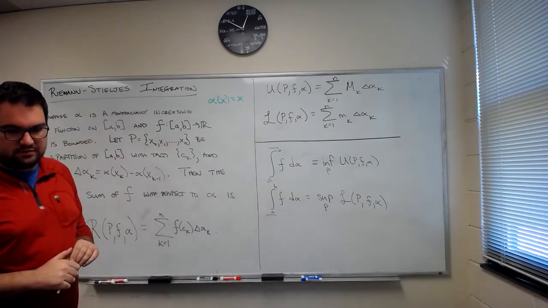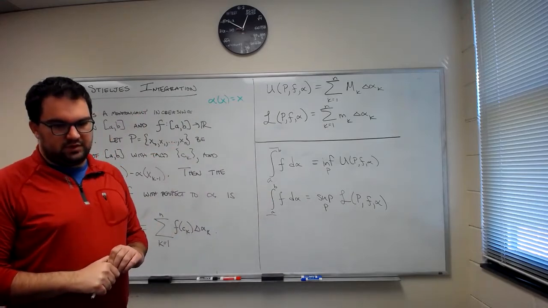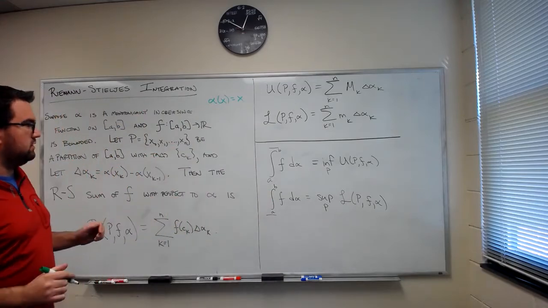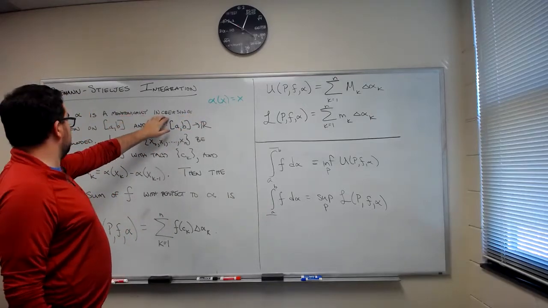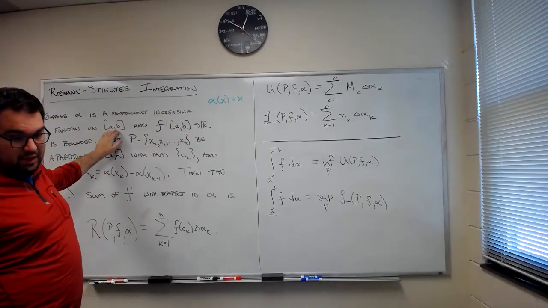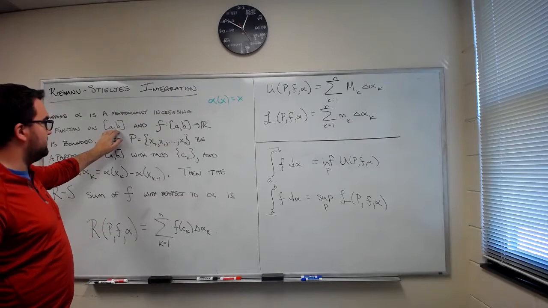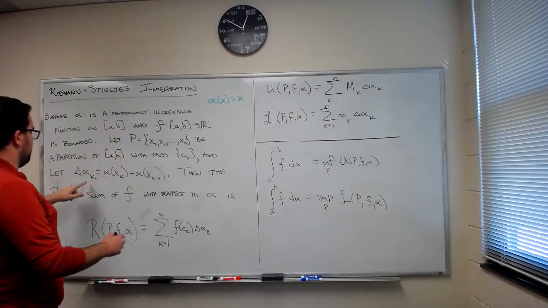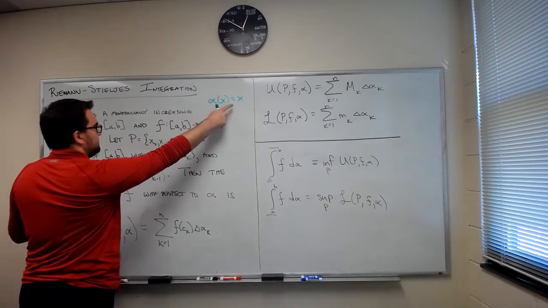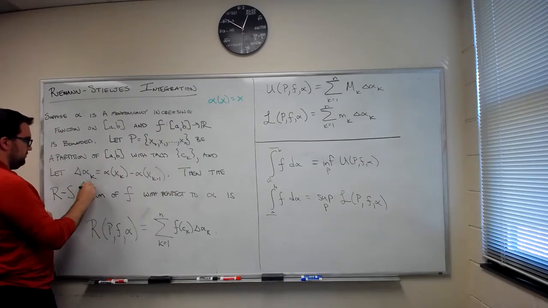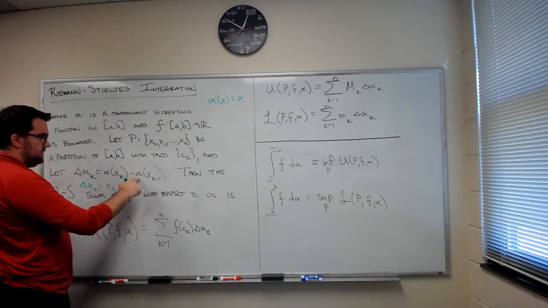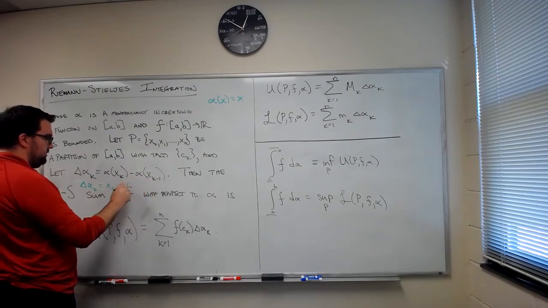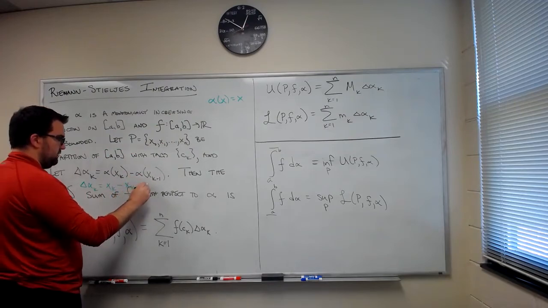just to be x, okay, so I choose alpha of x to be the identity function, but actually, I'll first note that alpha then is a monotonically increasing function on any interval I want to choose. So that fits my hypothesis here. But now notice that when I come down here, if I choose alpha of x to just be x, then delta alpha k is alpha of x sub k, well, that'll just be x sub k, minus alpha of x sub k minus 1, that'll just be x sub k minus 1.